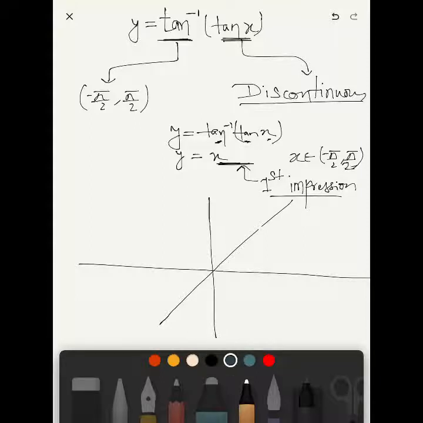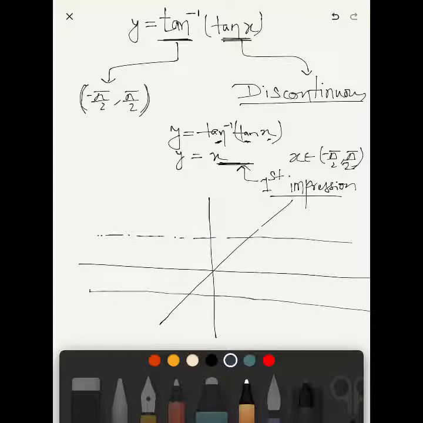Now let us draw the boundary. Similar to the previous one, isn't it? Minus pi by 2 to pi by 2, but in this case minus pi by 2 and pi by 2 are not included. Okay, here you have got an open bracket, remember this is an open bracket, so at pi by 2 and minus pi by 2 you will have no value.